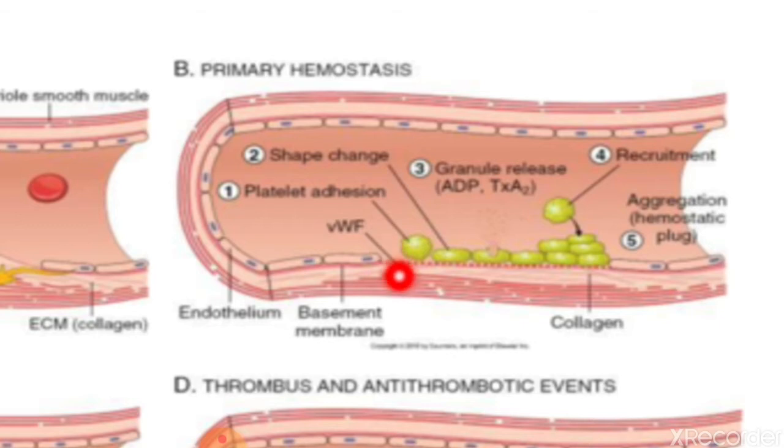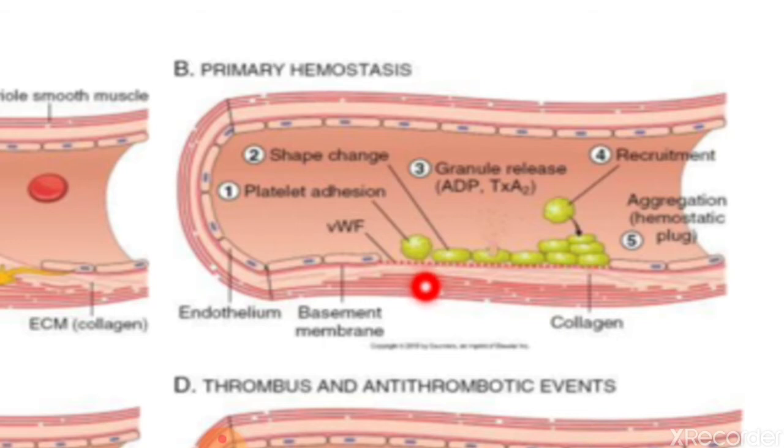So the exposure of collagen fiber and the secretion of von Willebrand factor by the endothelial cell will cause the platelet to come to the site of injury, and this von Willebrand factor binds to the receptor on the platelet, and the other side on the collagen fiber.